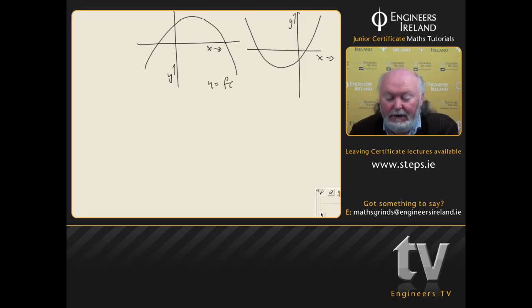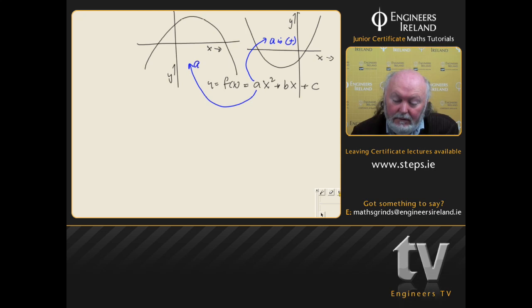Y is some function of x in this form, a constant multiplying into the x squared plus a constant multiplying into an x plus a free constant. So which is which? Well, for this one here, A is positive. For this one here, A is negative. We'll give an example.